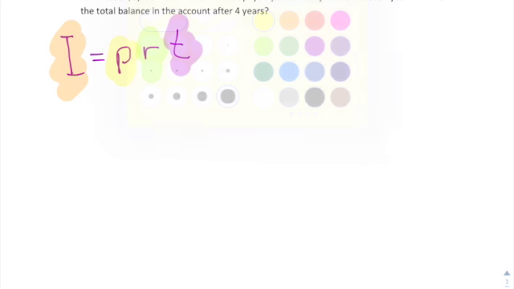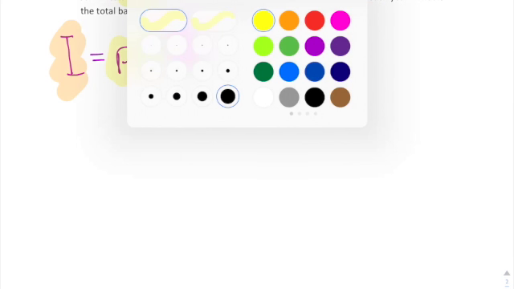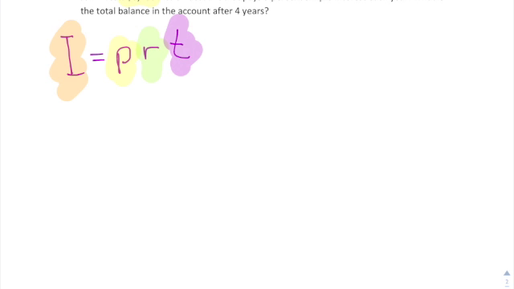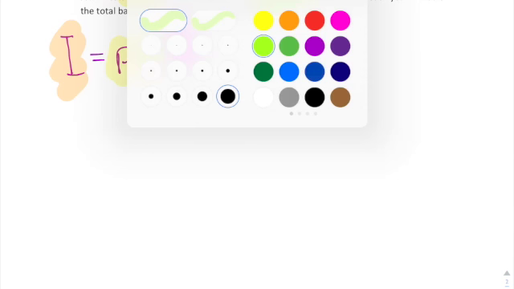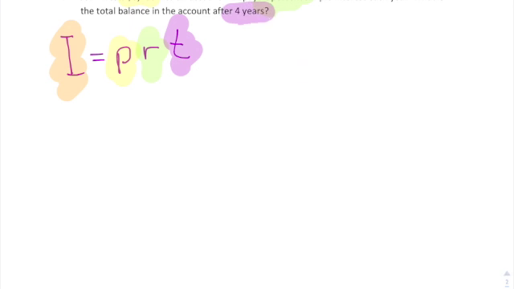So principal, remember principal is the amount that you start with. So John invests $5,100 into an account. So that's what he starts with. That's his principal. Okay, now we want to figure out our rate. John invests $5,100 into an account that pays 3% simple interest. Okay, so 3%. What is the total balance in the account after 4 years? Okay, so 4 years. That's our timeline.